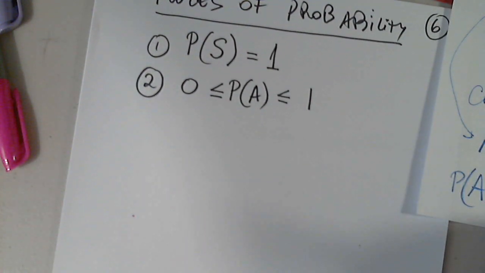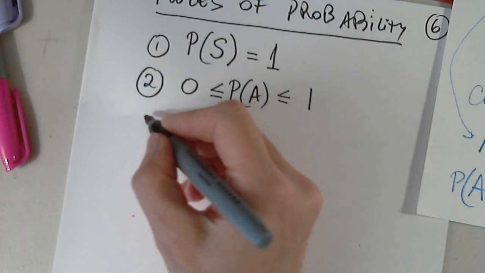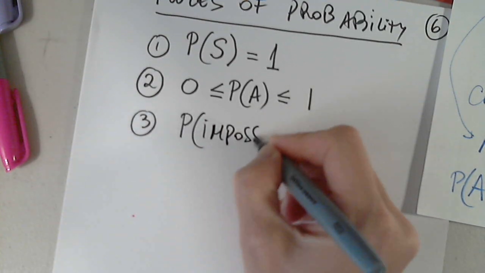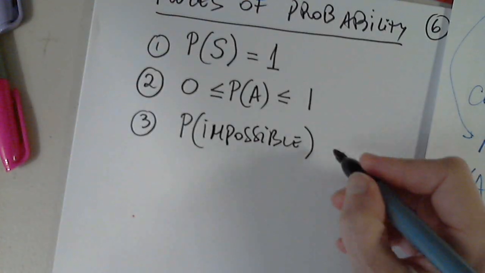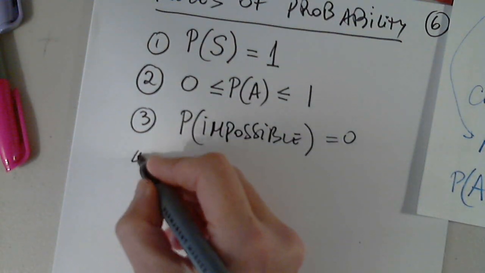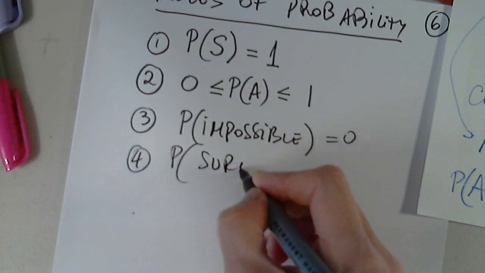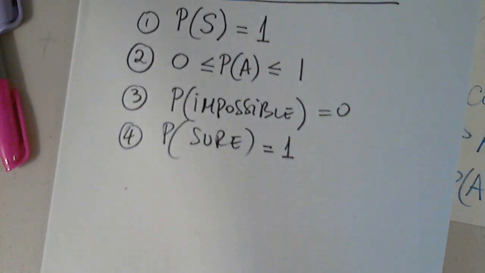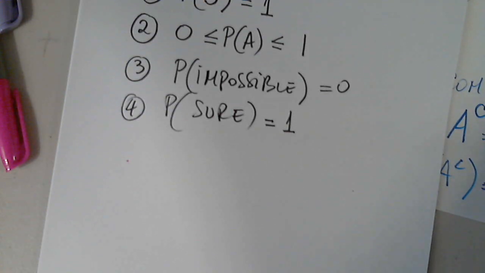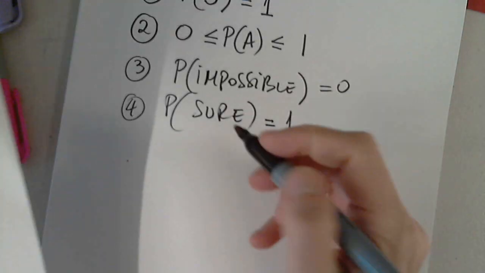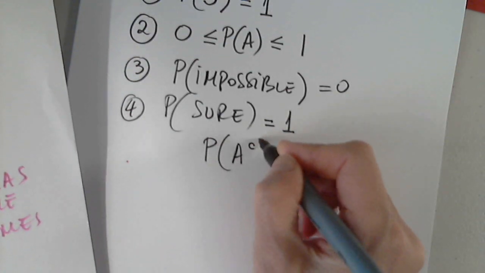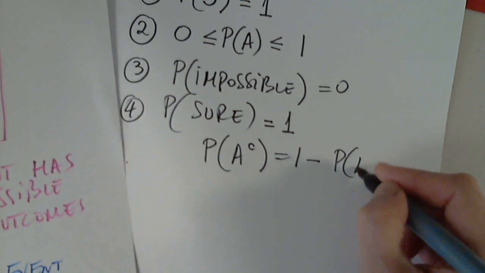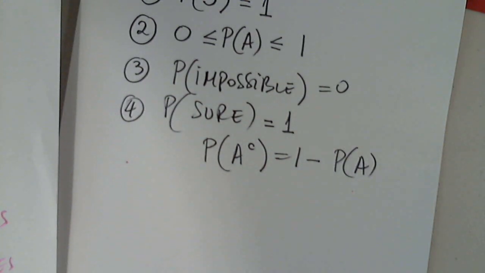It cannot be 1.1. Number 3, the probability of an impossible event must be 0. And the probability of a sure, certain event must be 1. So now I'm ready to go back and finish up that the probability of the complement of an event obviously must be 1 minus the probability of that event.